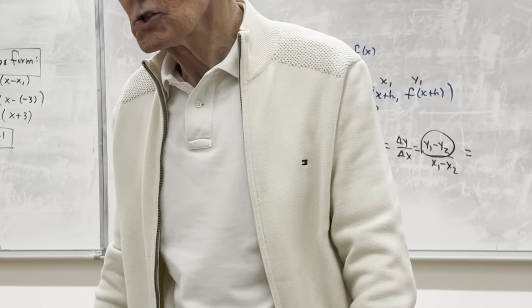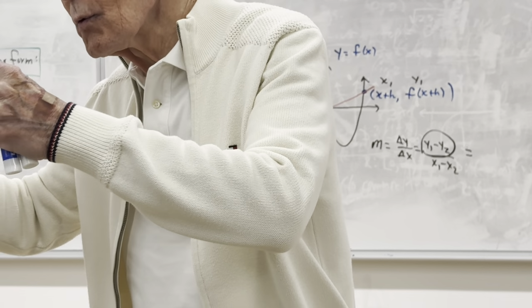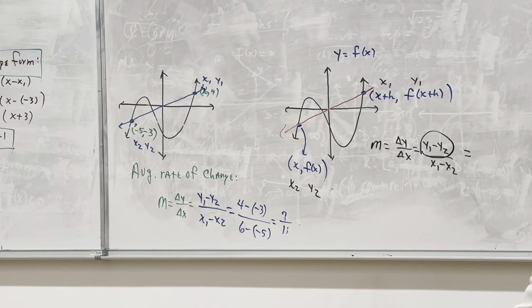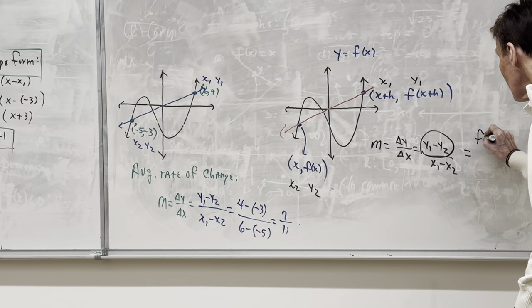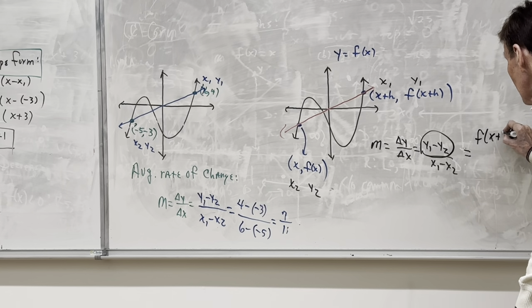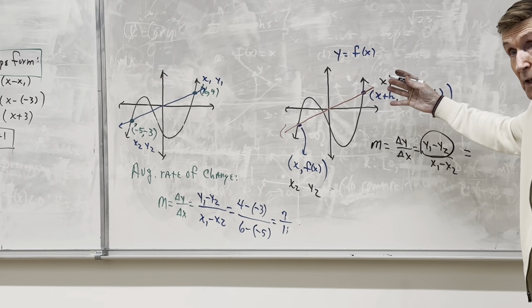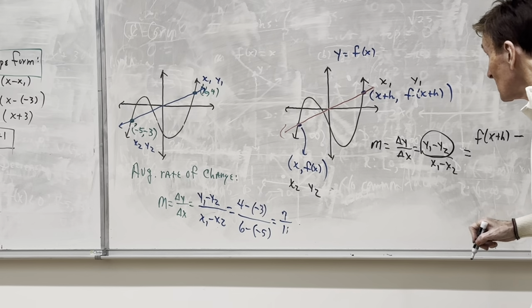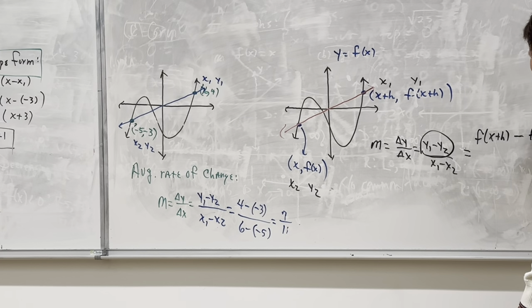In parentheses, f of x plus h, minus. That's my y1. And then it says subtract from my slope formula y2. What's y2? F of x.